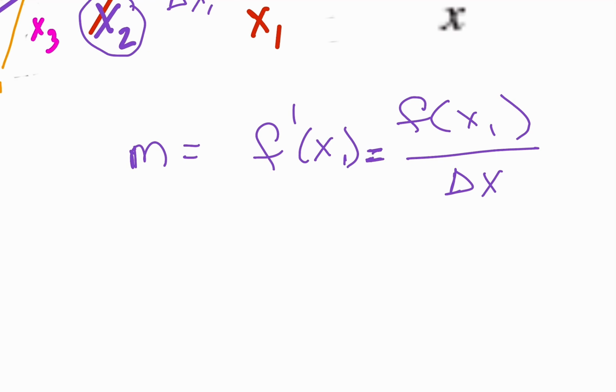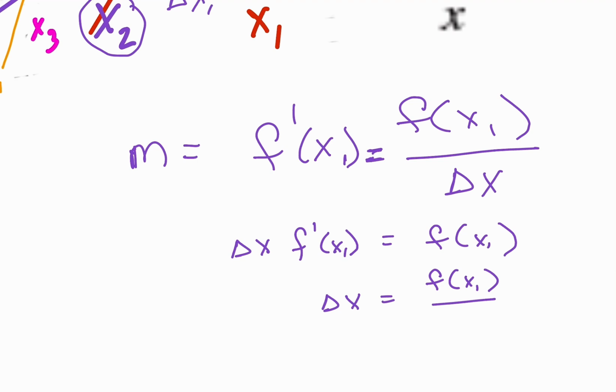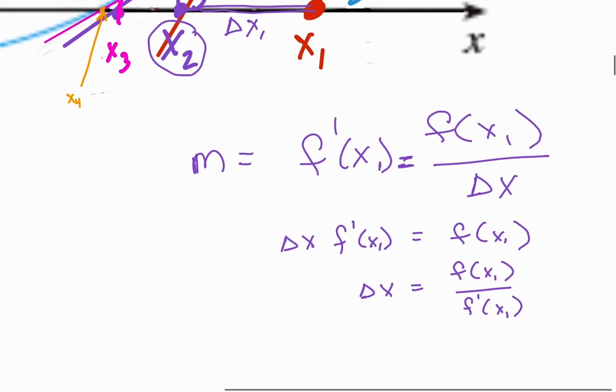I can use this equation to solve for delta x. So if I solve for delta x, I'll multiply both sides by delta x, and then divide both sides by the derivative. And now f of x1 and f prime of x1 are both numbers.